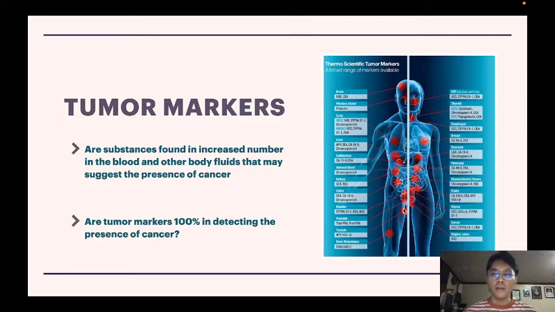Pero you can do other tests. So for example, biopsy, you can do biopsy or you can look at the clinical of the patient kung grabe na ba siya, wasted na ba siya, payat na ba siya masyado, lethargic ba siya, nagka-cough ba siya ng blood, ganyan nga. So you have to look at the other parts of the diagnostic procedures of the patient so that you can say na yung tumor marker talaga na yun is caused by cancer.